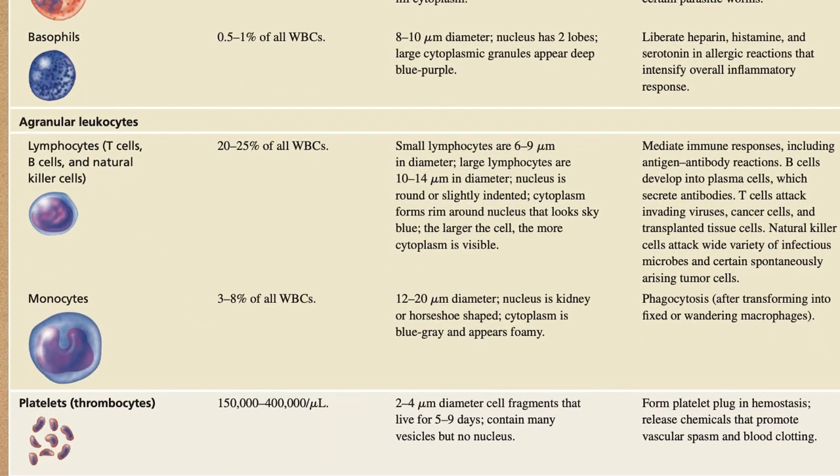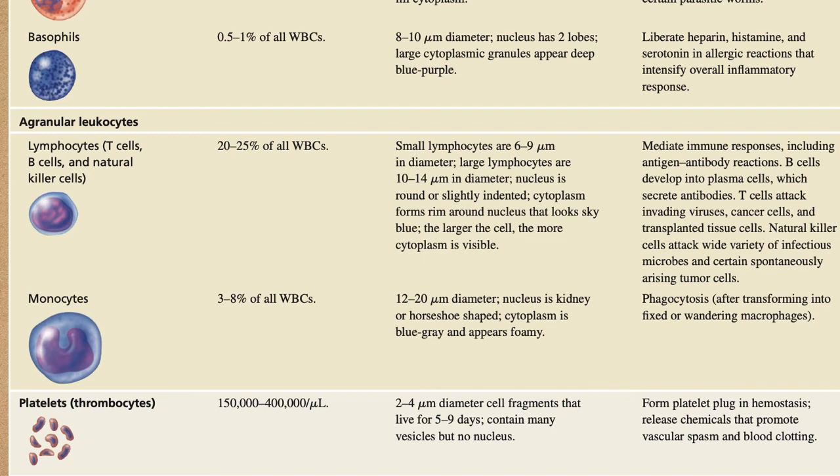Now let's move on to the agranular leukocytes. The first one is the lymphocytes. Remember, we talked about the lymphocytes earlier. It could be the T cells, B cells, or the NK cells. The percentage is around 20 to 25% of all the WBC.